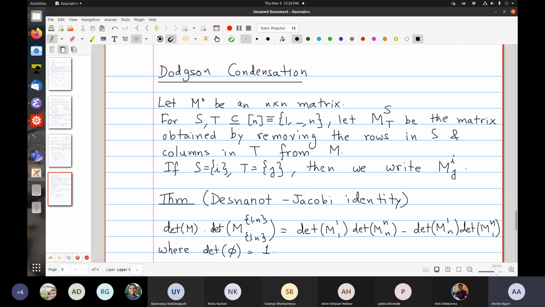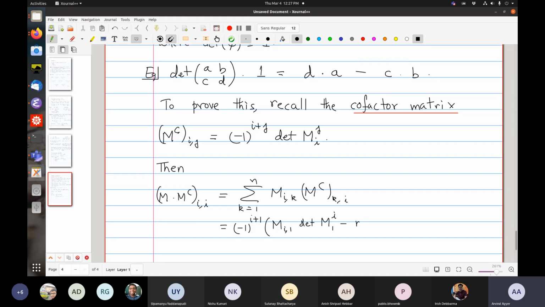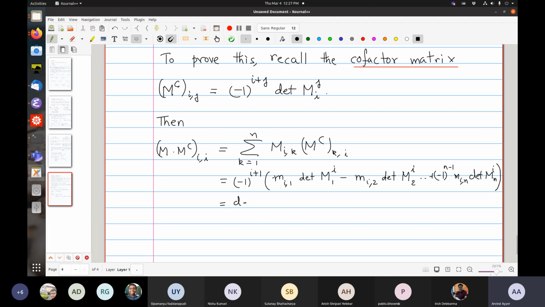Maybe I'll write M is mij, small mij, to avoid unnecessary capital letters. mi1 determinant Mi1 minus mi2 determinant Mi2, etc. plus minus 1 to the n minus 1 min determinant Min, and this is just the determinant of m by the Laplace expansion.